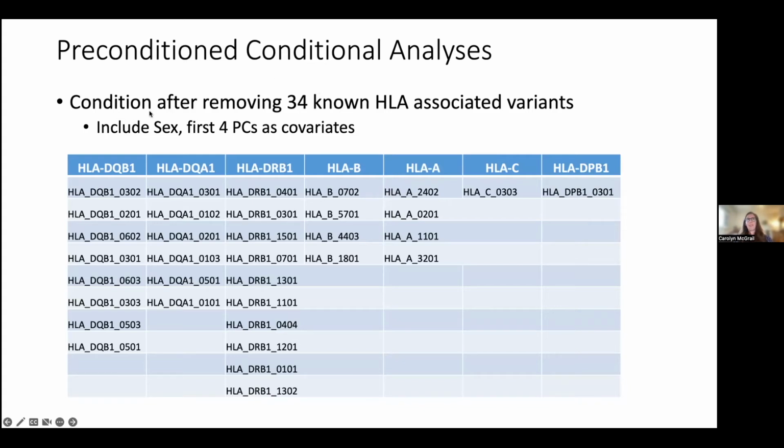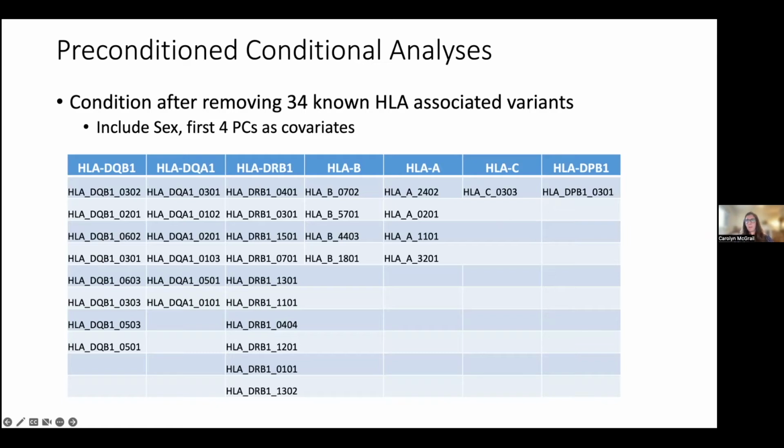But in general, what we did was identify through literature all known HLA-associated variants. So this should also contain and resolve the known amino acid changes as a result of having these particular HLA alleles. And so those would be typically linked in these conditional analyses and removed at that signal when these particular HLA alleles would be removed.